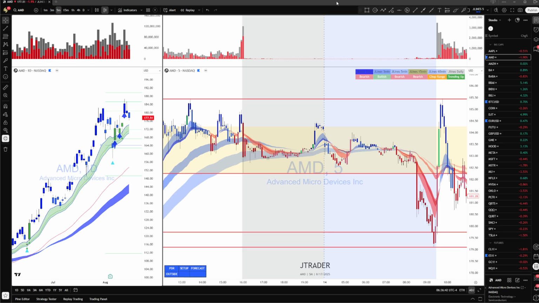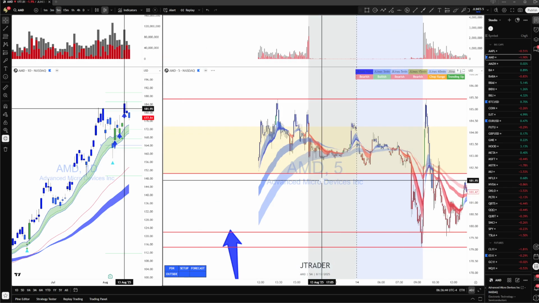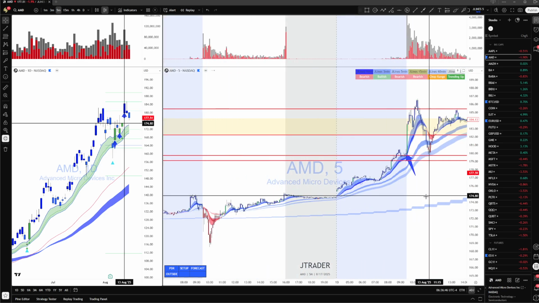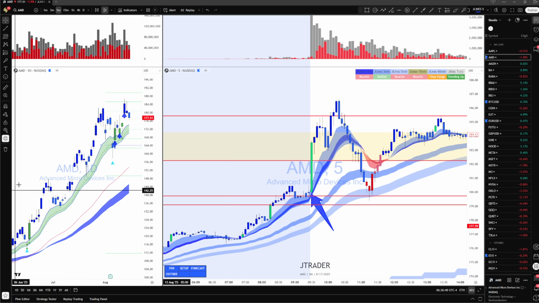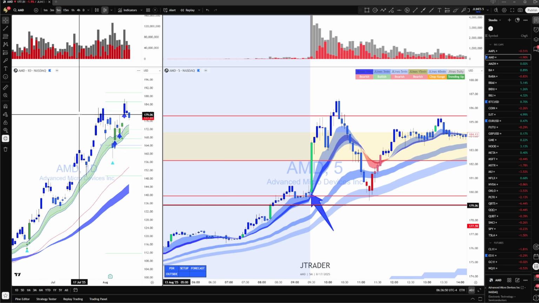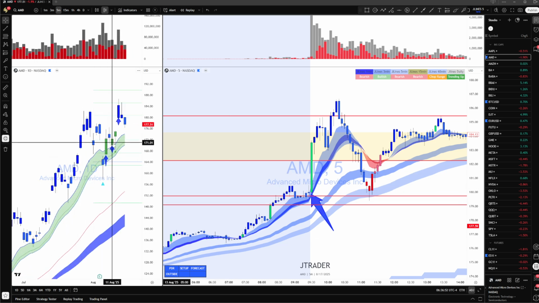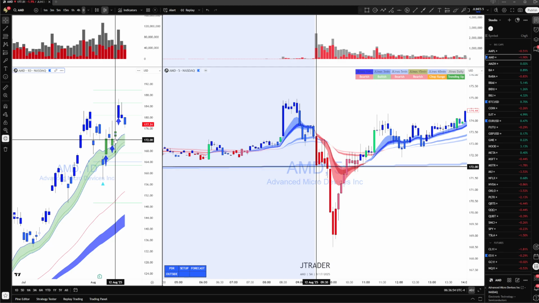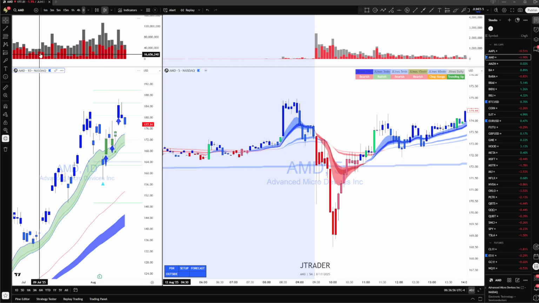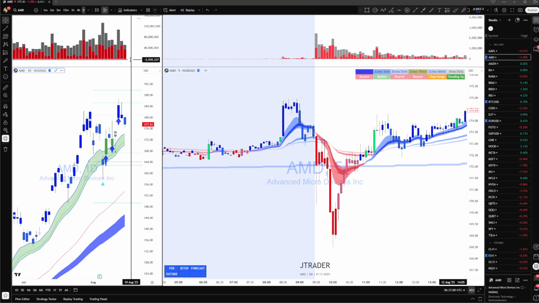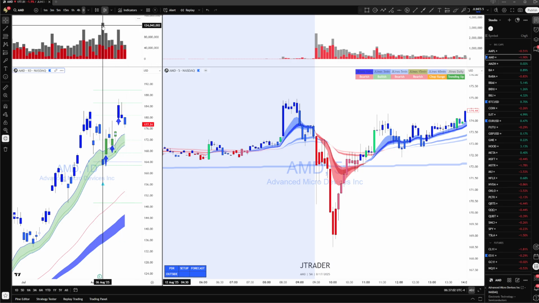Here's how it works. So we have, for example, AMD. The first thing is I want to look at the daily chart. My daily chart is on the left side. You can see over here we have the volume. This is a particular volume that we give in our template. It's called volume pressure.